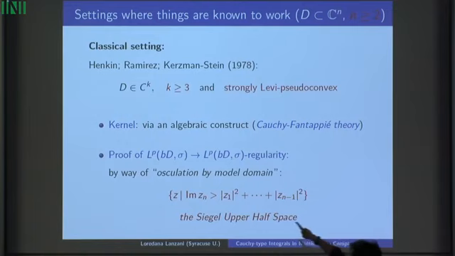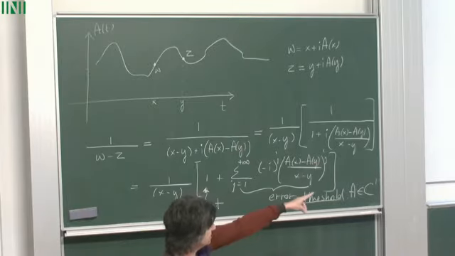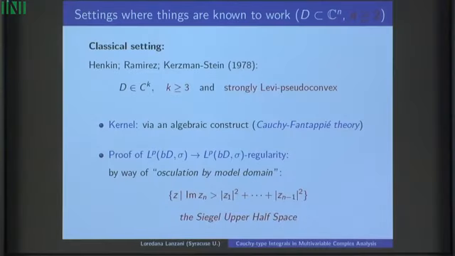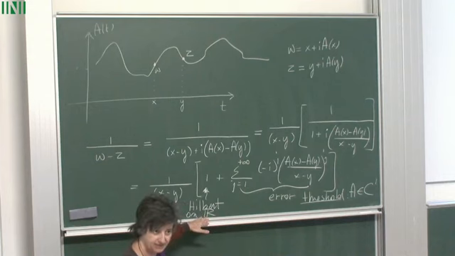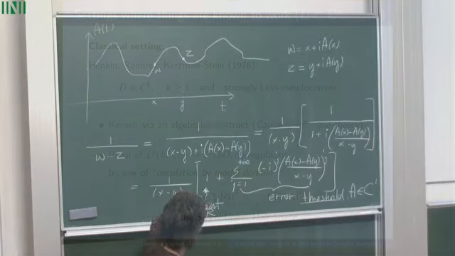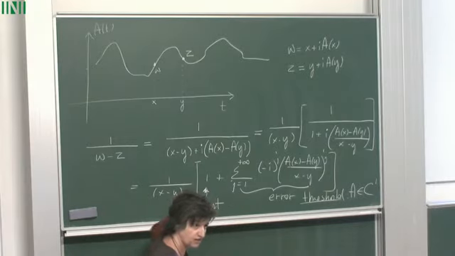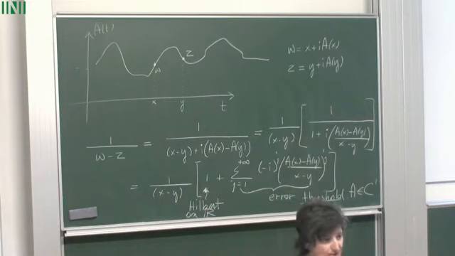What is interesting is that their proof of LP regularity somehow mimics the argument that we had here in higher dimension. And it mimics it in the following way. There is a model domain which is no longer the upper half space, but rather the Siegel upper half space. And there is a canonical operator on the Siegel upper half space, which is the analog of the Hilbert transform on the real line, for which you can prove LP regularity by direct inspection, because everything is very explicit.